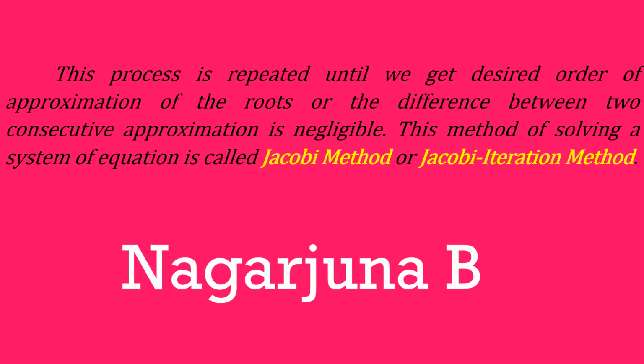That means the consecutive approximation is negligible. They are almost the same. At that point you need to stop, and whatever answer we get there will be the solution for the given system of equations by using the Jacobi method. It is also called the Jacobi iteration method.